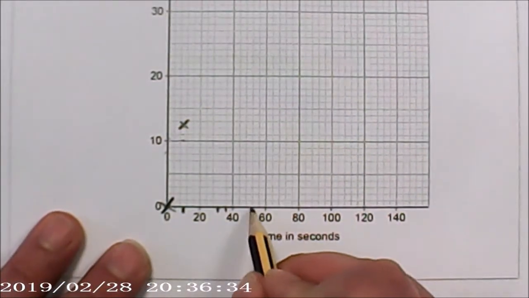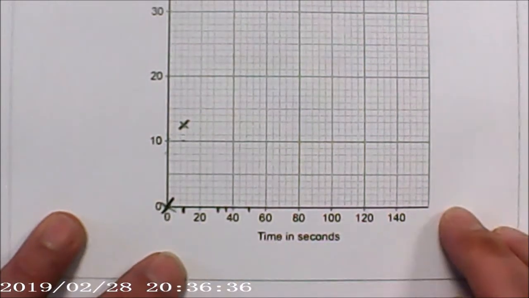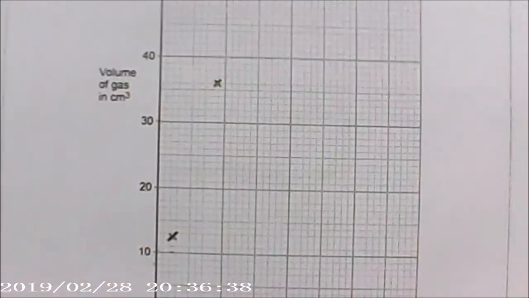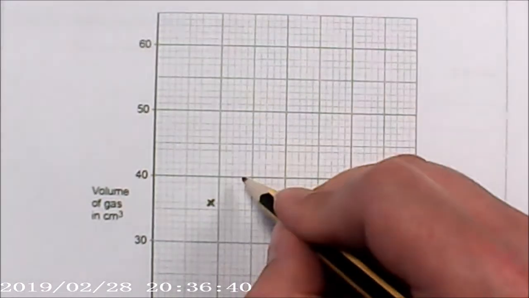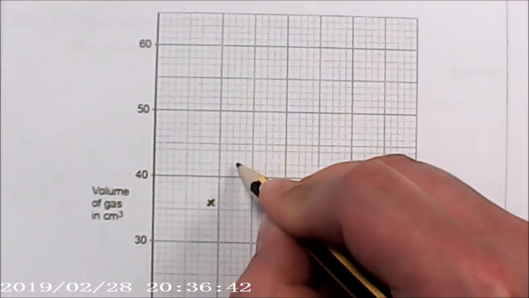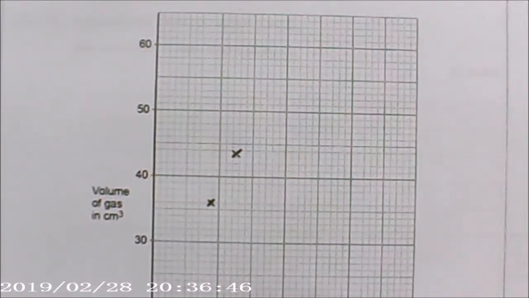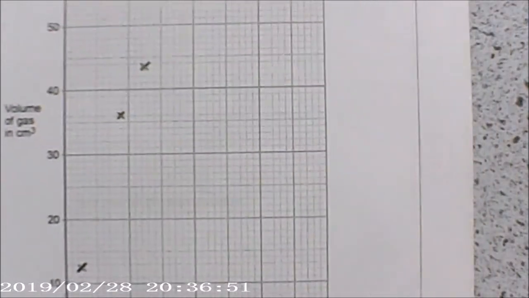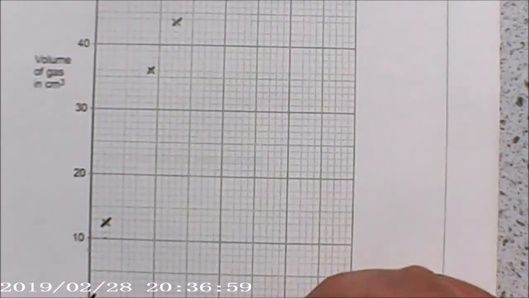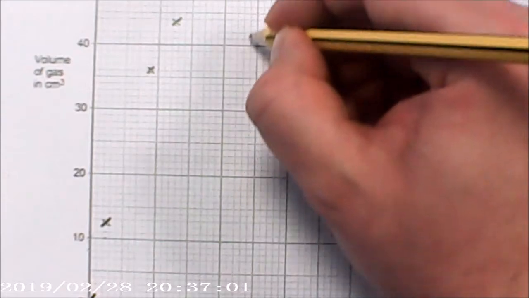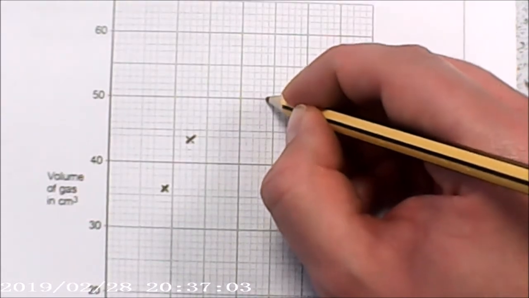So again, we're halfway through the 40 and the 60, and that is going to go up to 43.5. So 41, 2, 3.5. Next one is 95 and 59. So here is 90. 95 will be halfway, and that goes up to 59. So that's 50.